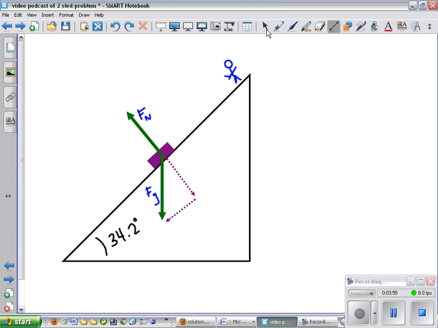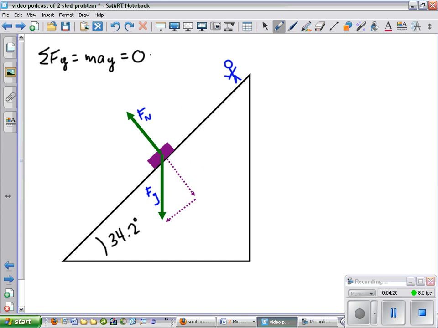Let's look at our situation first. And remember, we're trying to find the acceleration of this block. If we look at the y direction, there's no acceleration in the y direction. So the sum of the forces in the y direction equals may, but may is equal to 0 because it is not accelerating this way.